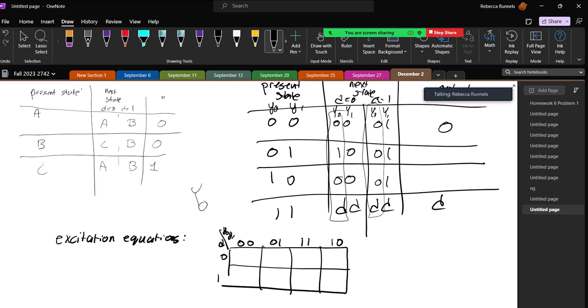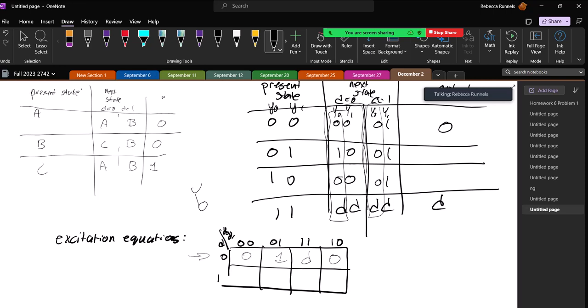And in this box right here, or this column that I'm outlining, that's when D is 0. So that's my top row right here. So when D is 0 and little y0, little y1 are both 0, Y0 is 0. When I have 0, 1, and D is 0, Y0 is 1. When I have 1, 1, I have a don't care. And when I have 1, 0, I have a 0.